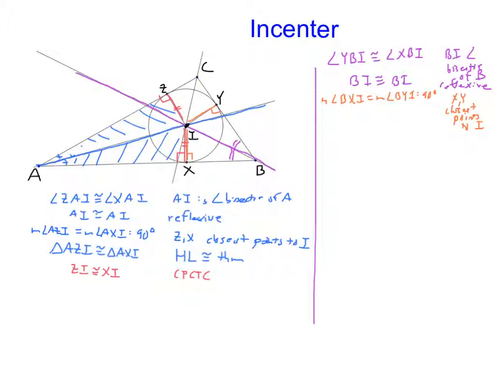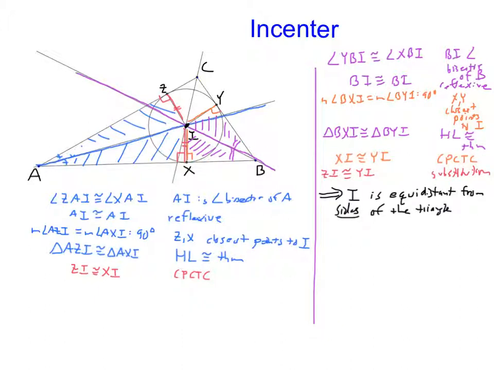And X and Y are selected to be the closest points to I on their respective sides. So I know that both of those angles have to be 90 degrees. And that gets me the two triangles, again, by the hypotenuse leg congruency theorem. So then I got XI congruent to YI, and then I can compare that back to the original.